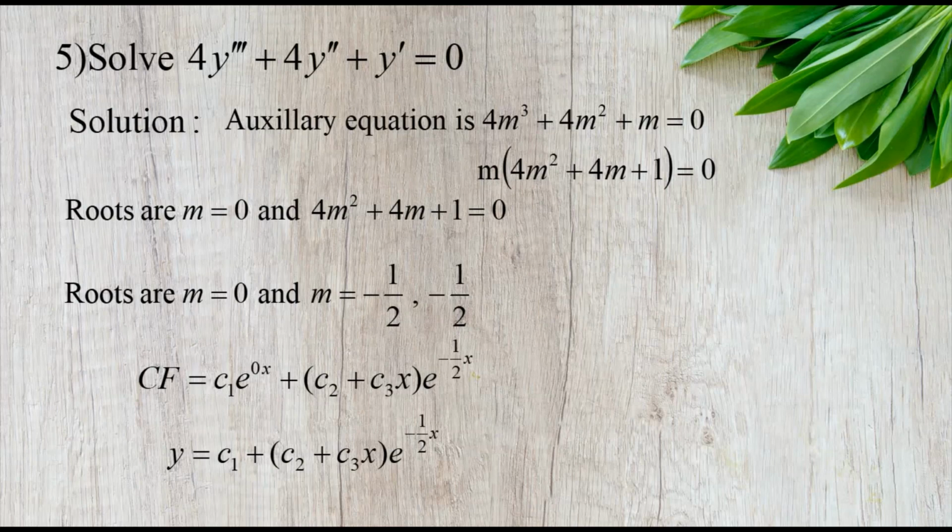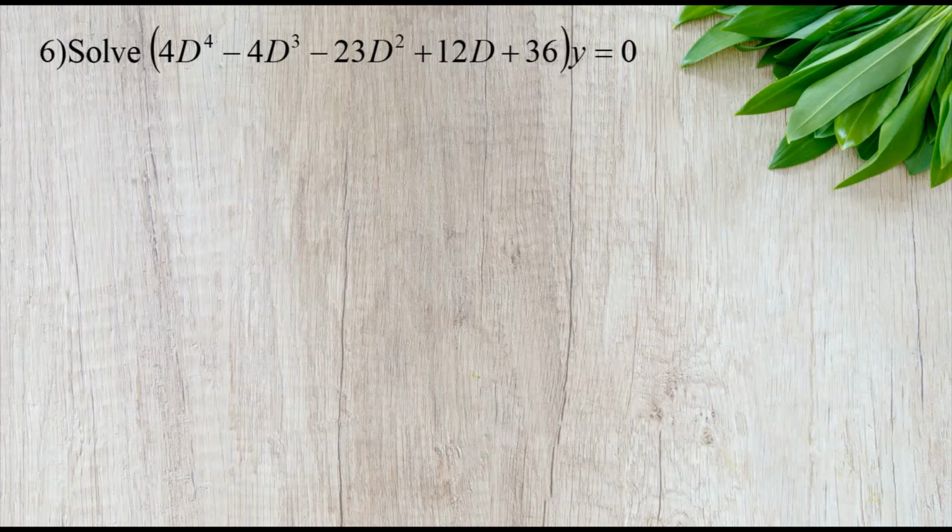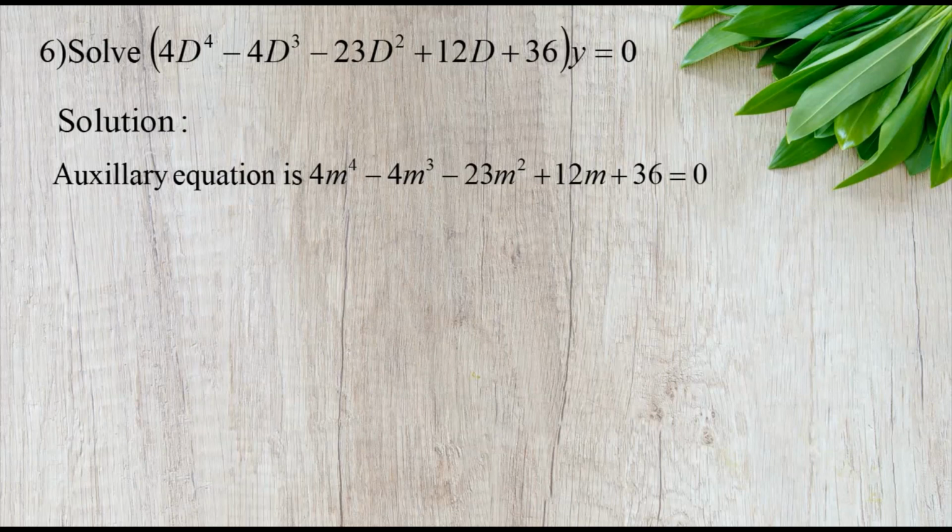This will be the solution. Solve 4d raised to 4 minus 4d cube minus 23d square plus 12d plus 36 y equal to 0. You can write the auxiliary equation, but solving a fourth degree equation using a calculator doesn't seem to be possible.